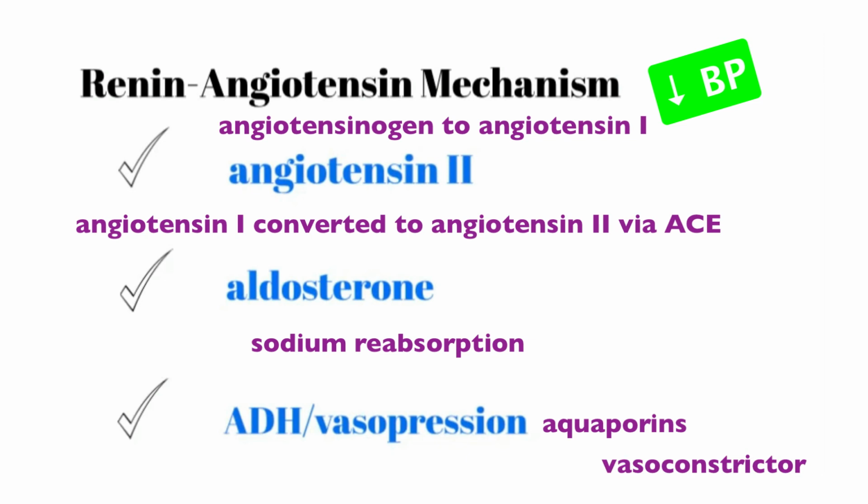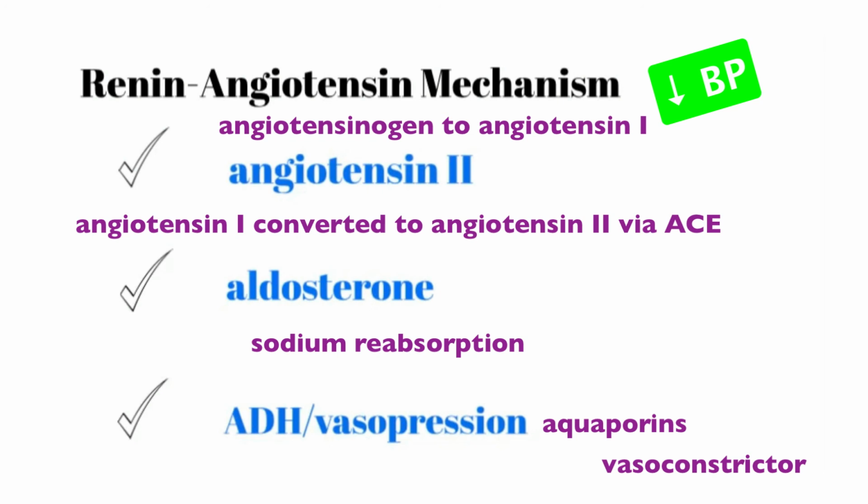So, in review, the renin-angiotensin mechanism is initiated by the release of renin from the juxtaglomerular cells of the nephron, specifically those wrapped around the afferent and efferent arteriole, but related to the monitoring of the filtrate within the nephron. Renin is released during low blood pressure. Renin converts angiotensinogen to angiotensin 1.